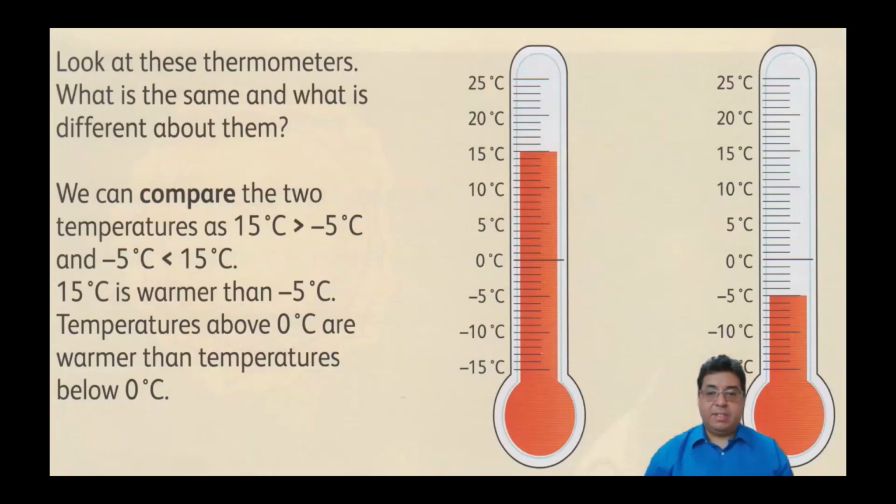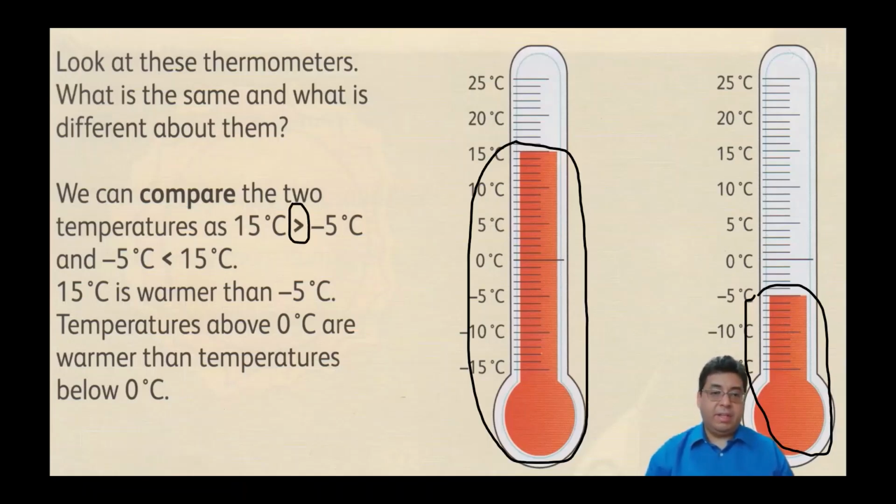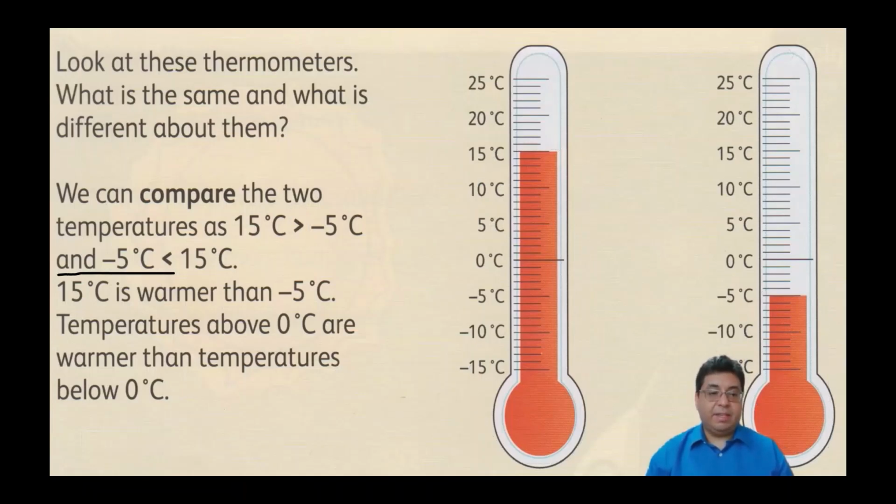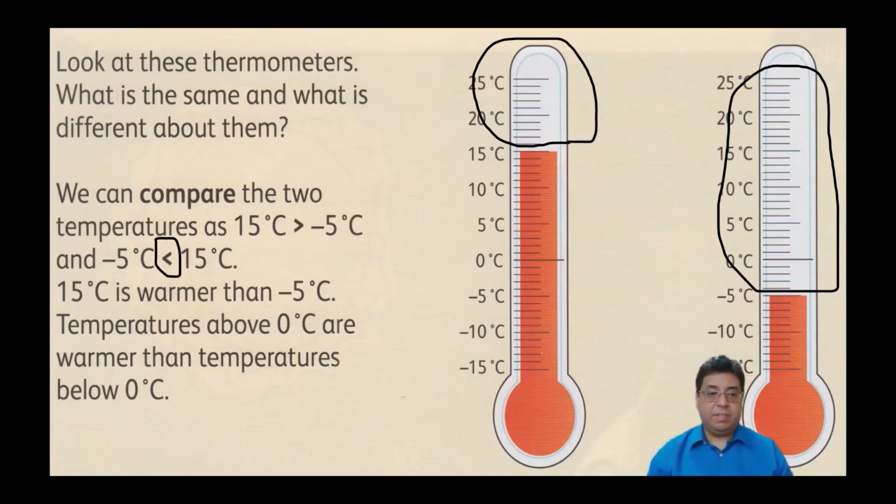And as you can see, I've got these two thermometers here, and we're just going to see how that shows that there's warmer and colder, and more importantly, like I said, both positive and negative here. Okay, so we can compare the two temperatures as 15 degrees Celsius is warmer than -5 degrees Celsius, and -5 degrees Celsius is colder than 15 degrees Celsius.